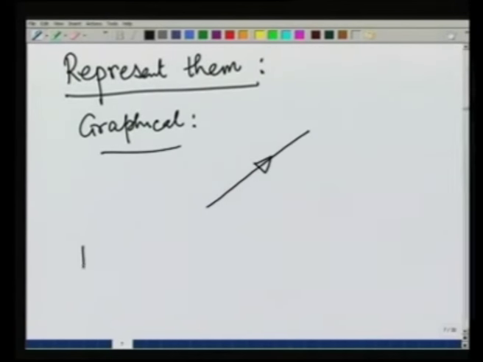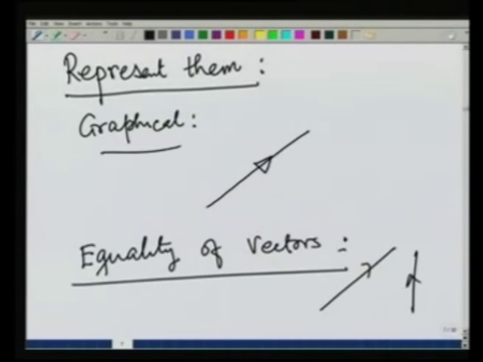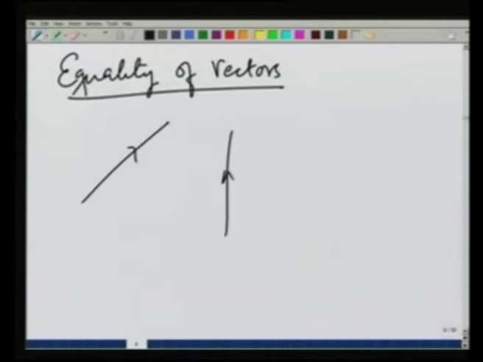In this manner, if we now have two vectors, how do we decide whether the two vectors are equal or not? If there are two vectors given, they will be equal if they produce the same effect.